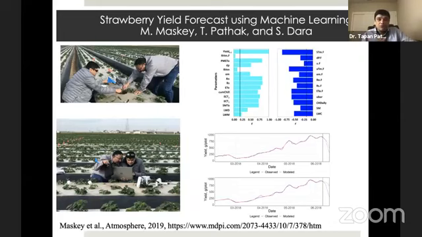The motivation for creating the strawberry yield forecast had two motives. One is, of course, to get more accurate yield predictions for the next 10 days or next week. Another motive was that growers need this forecast to know when they're going to have peak yield, the peak production in strawberries.